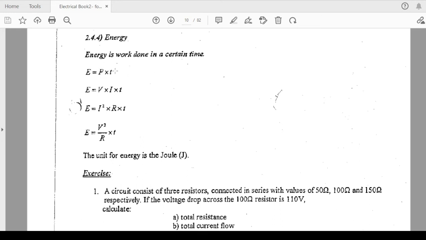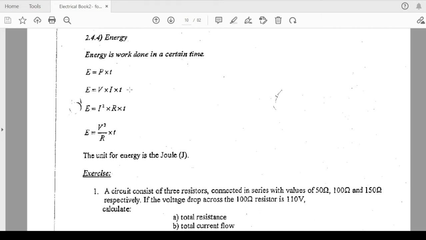Time is given. What will be the energy? If you want the energy in joules, change the power into watts, because 2 kilowatts is 2000 watts. Put 2000 watts here, times time in seconds. How many seconds are in the time the geyser was on? It was on for 4 hours.